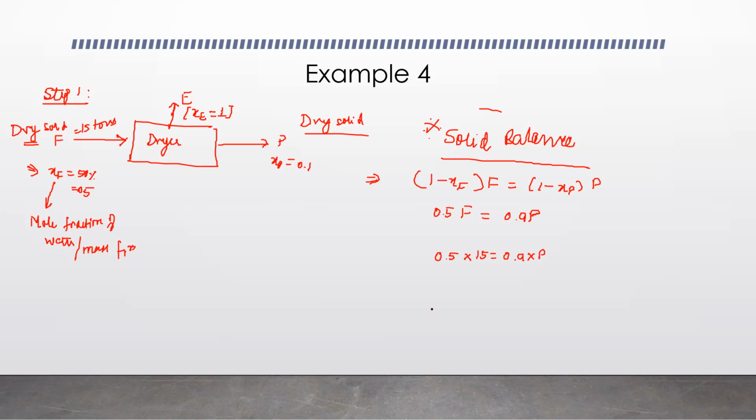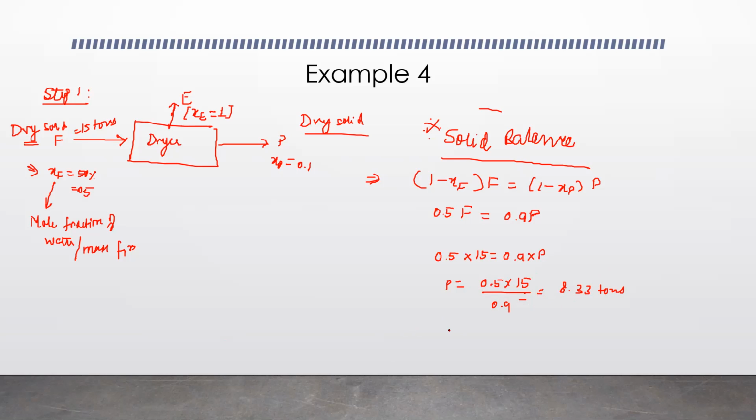From here, you will get P is equal to 0.5 into 15 upon 0.9. When we calculate this value, it is going to be 8.33 tons.